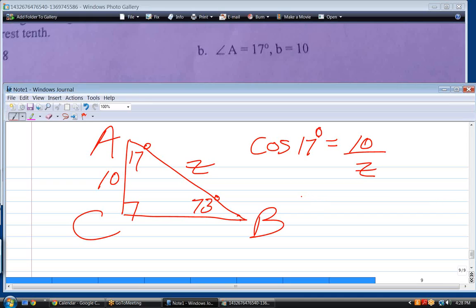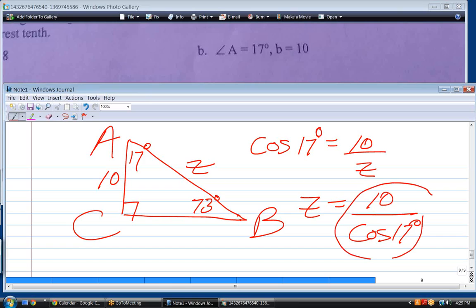Okay, which means when you solve for z, it's 10 divided by the cosine of 17 degrees, which is just a number. So is that equal to what you said? 10.45 or 10.46. 10 divided by the cosine of 17 degrees is 10.46? That's what my calculator says. Okay.